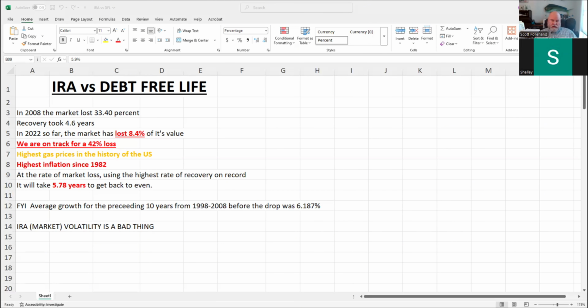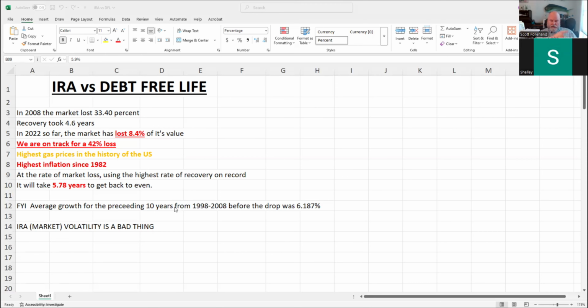I'm going to take some other liberties with the data. The data that I'm going to use is specifically average growth for 10 years from 1998 to 2008, which was another of the big drops, was 6.18%.